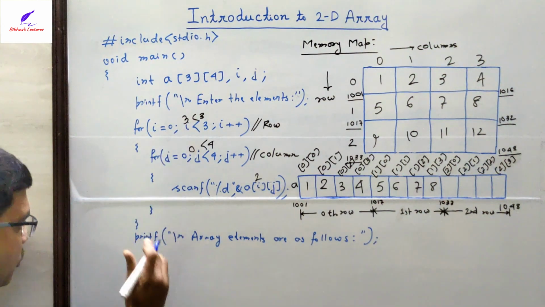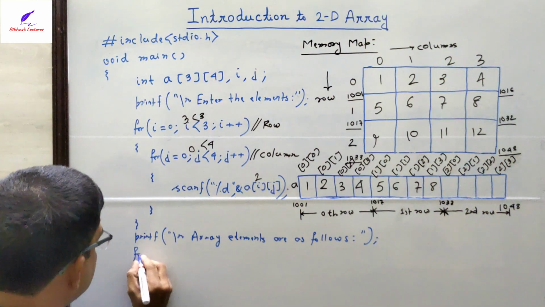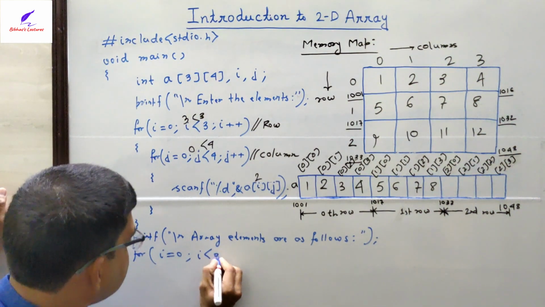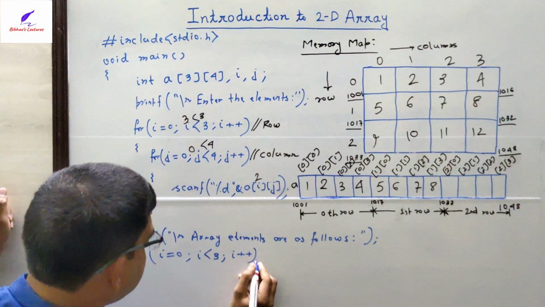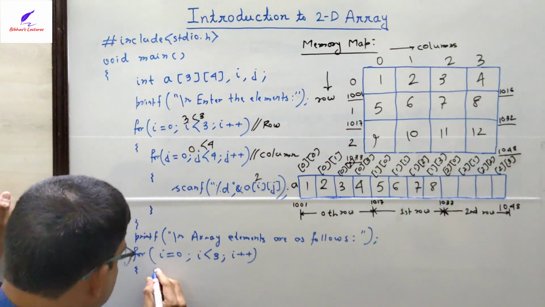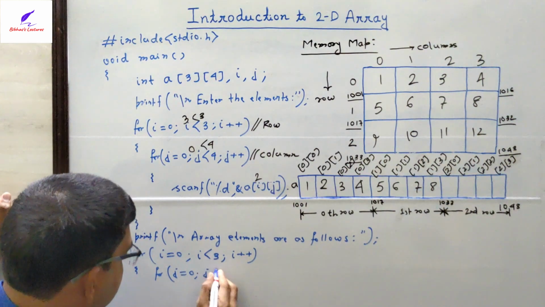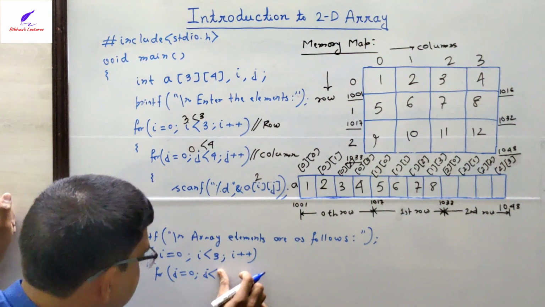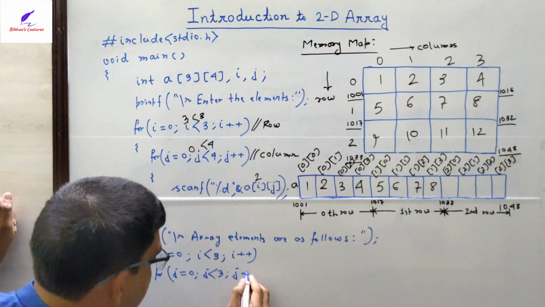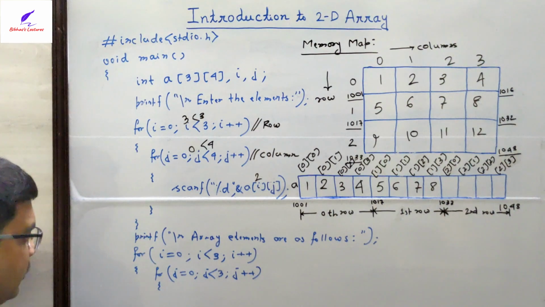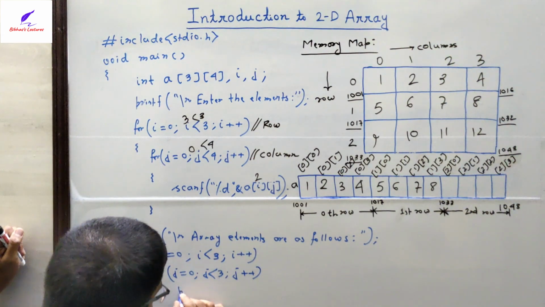So I am writing the same loop once again. For i equals 0, i less than 3, i plus plus, and inside this loop we iterate the column loop for j equals 0, j less than 3, j plus plus. Now inside the loop you just call the printf function.